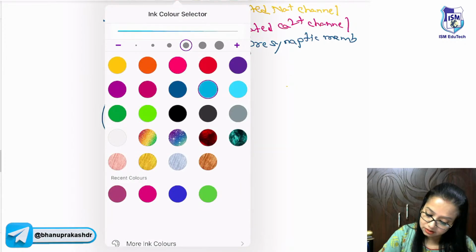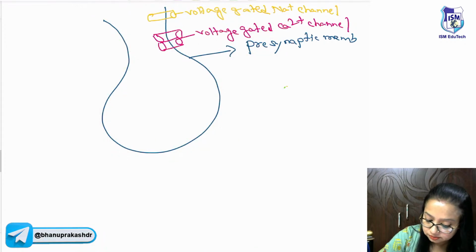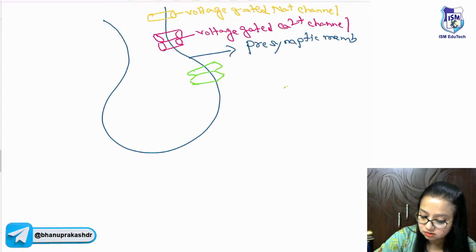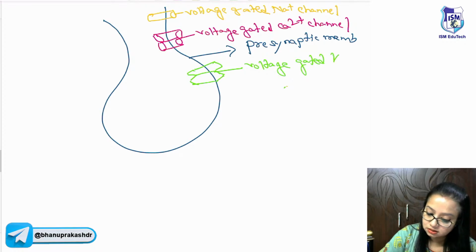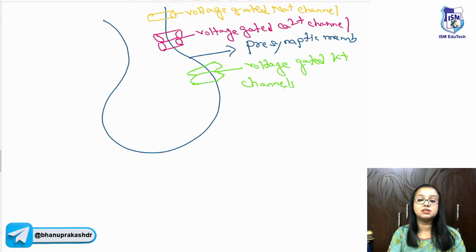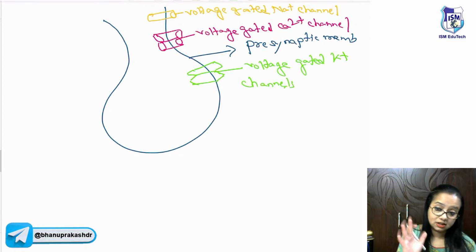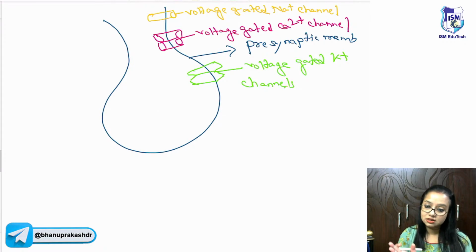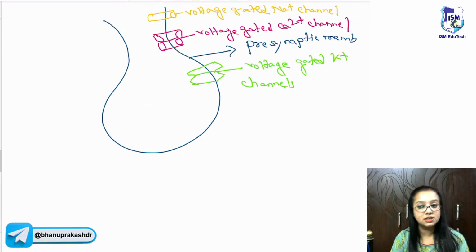Also, it has the voltage gated potassium channel. Okay, these are the channels that are present in the presynaptic region. The sodium channel is a little bit further up because the myelin sheath ends after that. Then it has got the voltage gated calcium channel, and the voltage gated potassium channel.